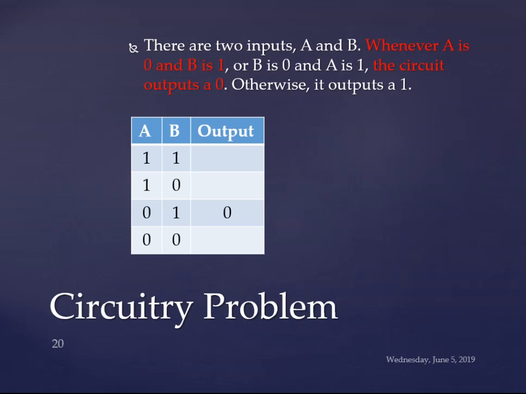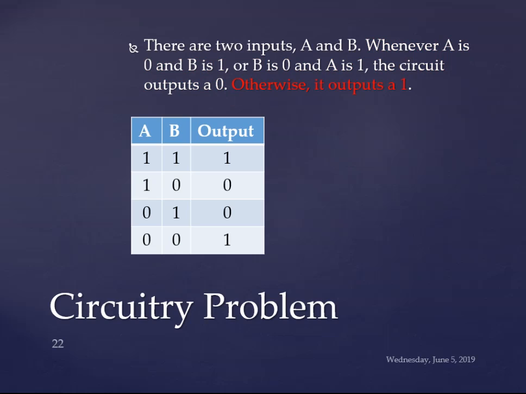I'll go to that particular scenario and put a 0. That's row 3. And then I go to the next part of that disjunction: whenever B is 0 and A is 1, then I get a 0. So there are the 2 zeros, and it says otherwise it outputs a 1. And so now I have the whole table filled out.